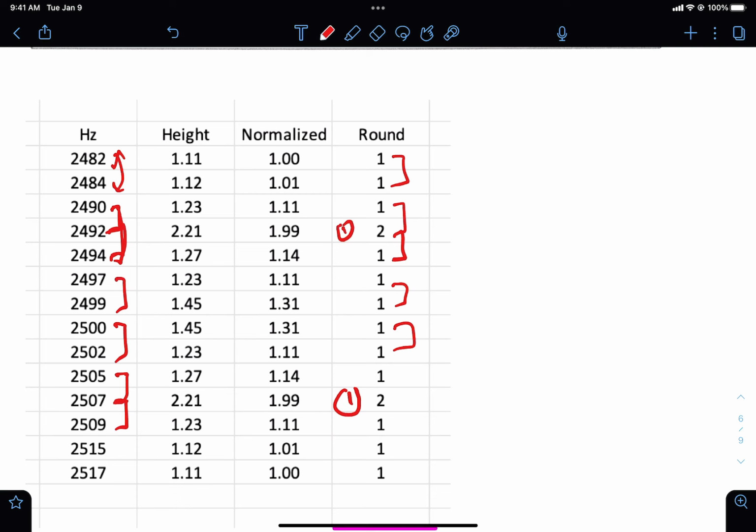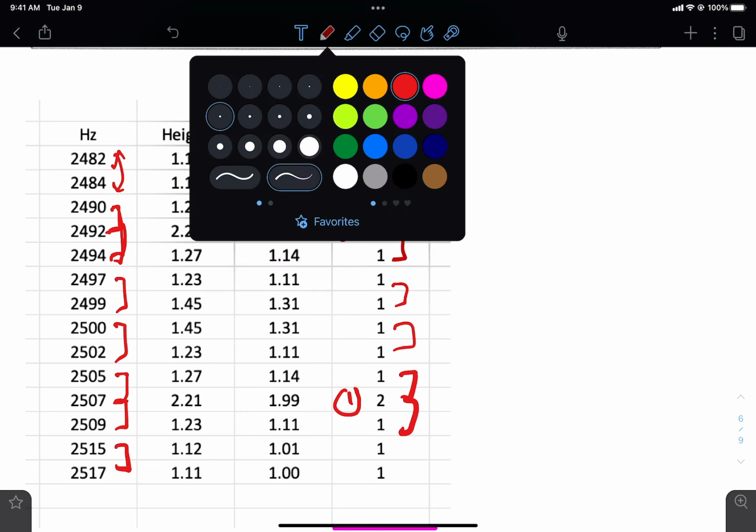Okay, so we'll treat it as a 1. So that's a doublet, and that's a doublet. And then at the very end here we have 2517. So that's a doublet.